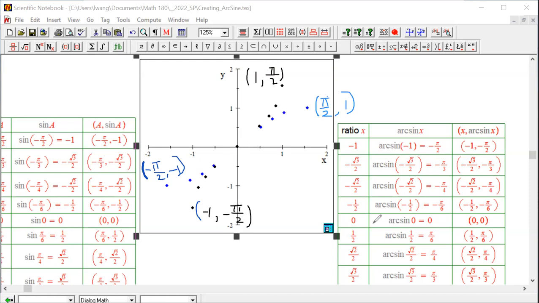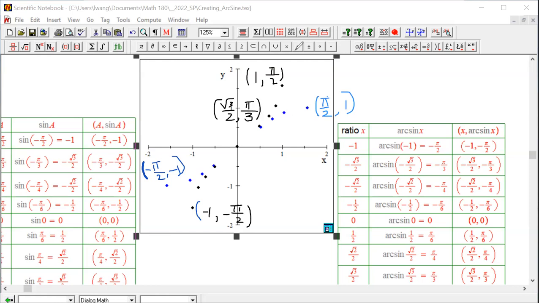I'm going to continue to mark. And this black dot is on the arcsine. Therefore, it's the ratio of root 3 over 2, comma, pi over 3.